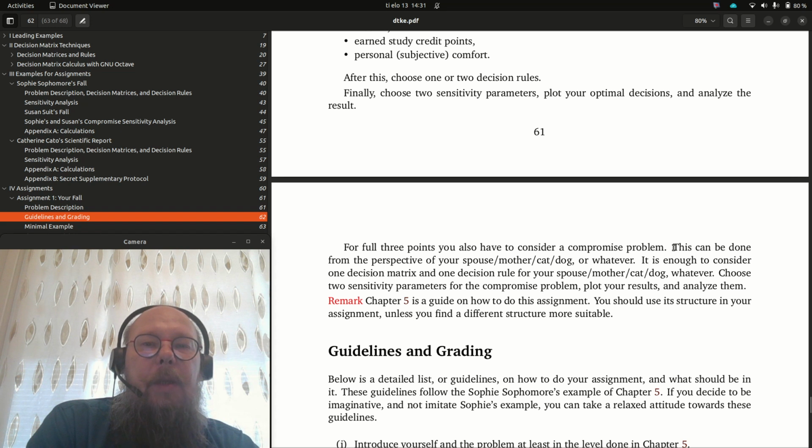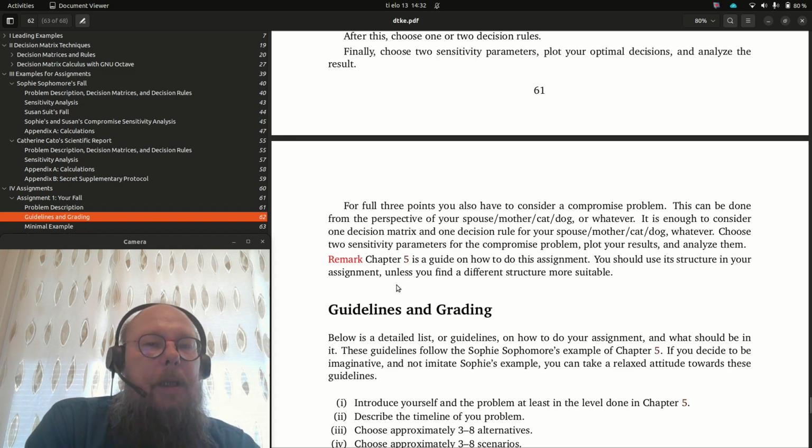This means that you do the same problem also from the perspective of your spouse or mother or cat or dog or whatever. It's enough to use one decision matrix and one decision rule for this spouse, mother, cat, dog, whatever. Then choose two sensitivity parameters for the compromise problem, plot your result and analyze them.